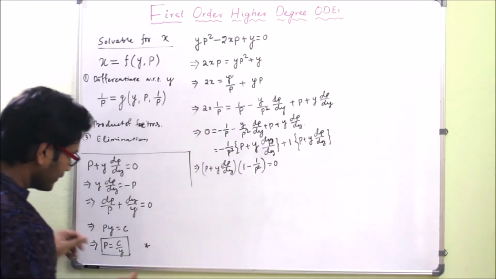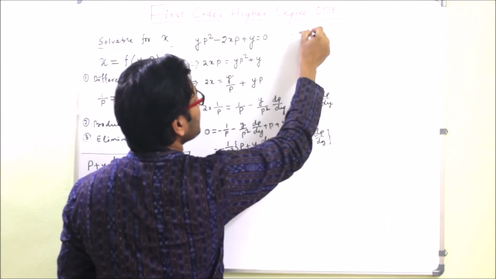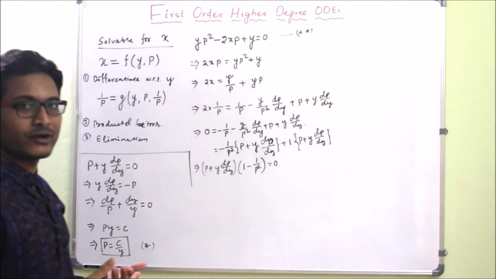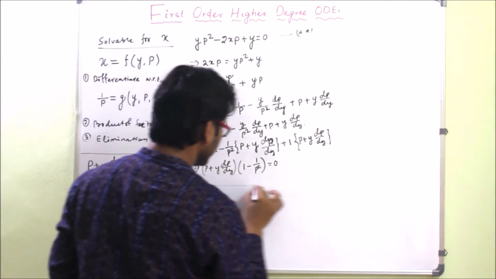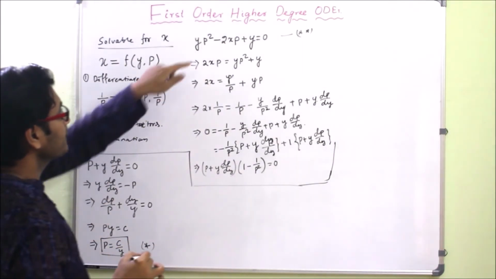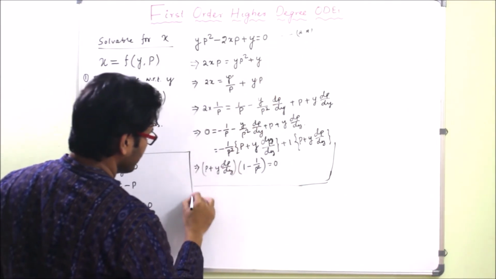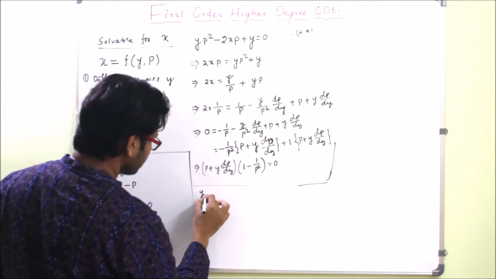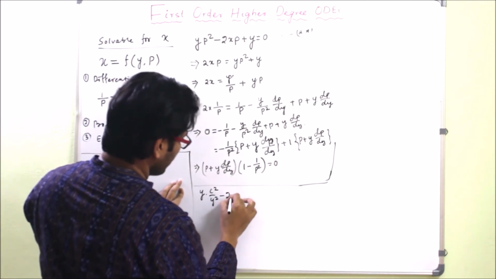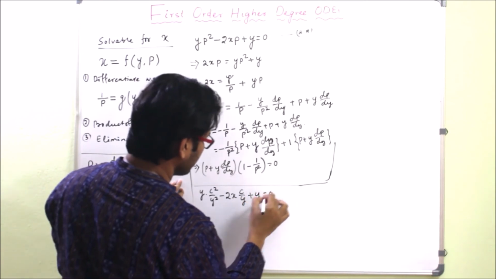Let us call the original equation star and this one double star. From these two equations we can eliminate p and find the general solution. We replace the value of p in the original equation, which now becomes y into c square by y square, minus 2x into c by y, plus y equal to 0.